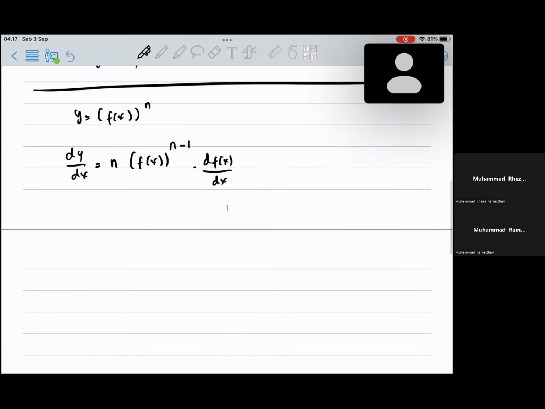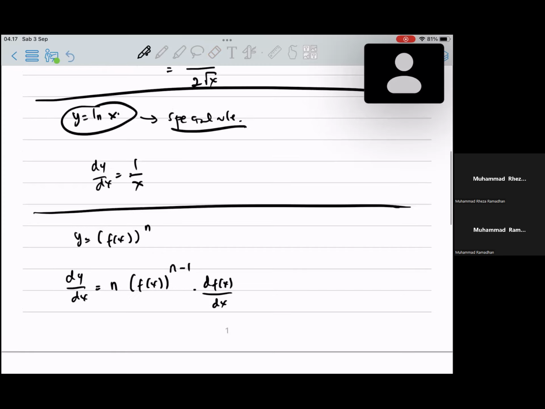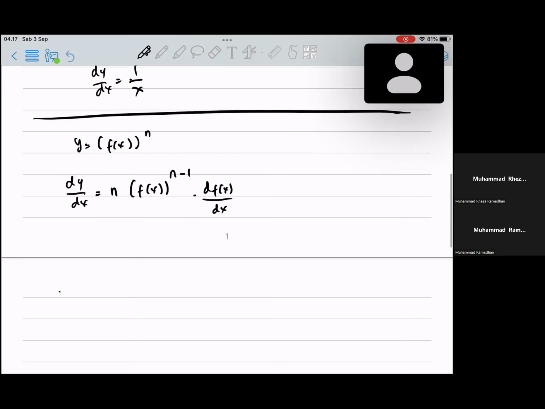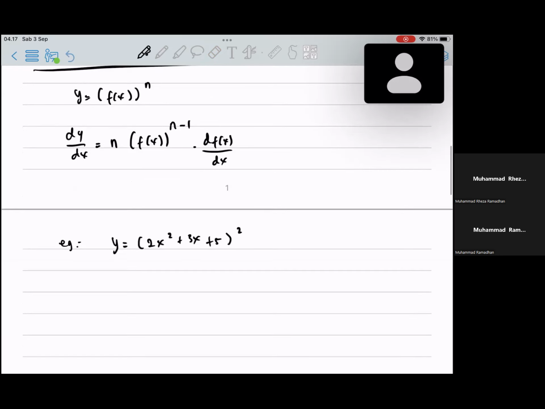Yeah. So for example, if you have y is equal to 2x to the power of 2 plus 3x plus 5 squared. So dy over dx is 2 multiplied by 2x to the power of 2 plus 3x plus 5 to the power of 1.